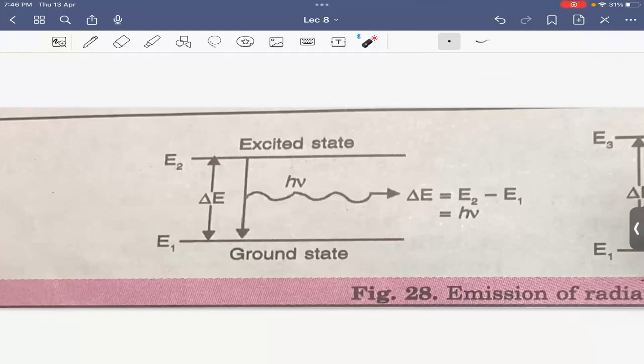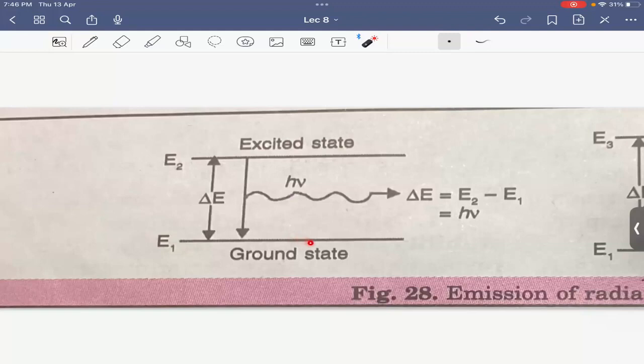Energy is only absorbed or emitted in the form of discrete values. This excited state is unstable, and the electron tends to come back to its original position, a lower energy value.